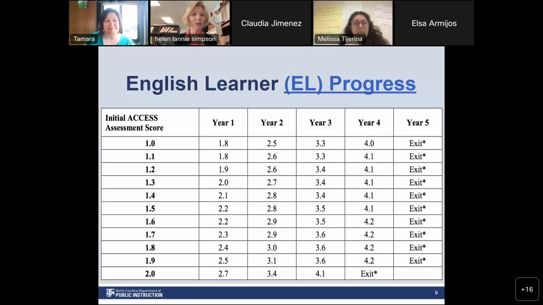Each year your EL students have that goal, and if they met it, then they're a yes and they're counted in the numerator. And if they didn't meet it, they're not counted in the numerator. So what you see in your report card is the percentage of kiddos who met their annual EL progress goal.